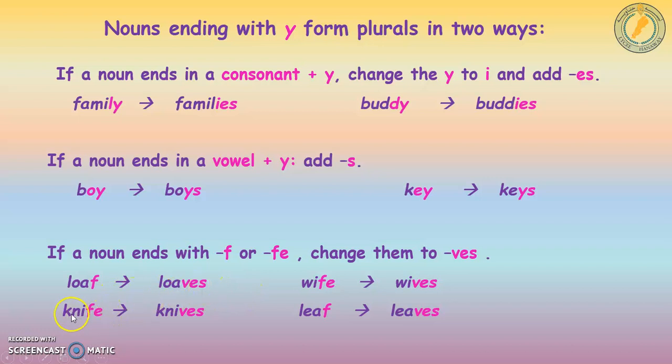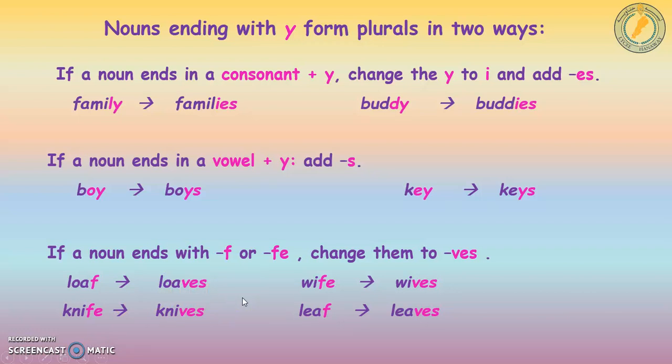Loaves. Knife, knives. Wife, wives. Leaf, leaves. Notice here that all of the following nouns end with F or FE, so we crossed out the F and the FE and we changed them into VES.